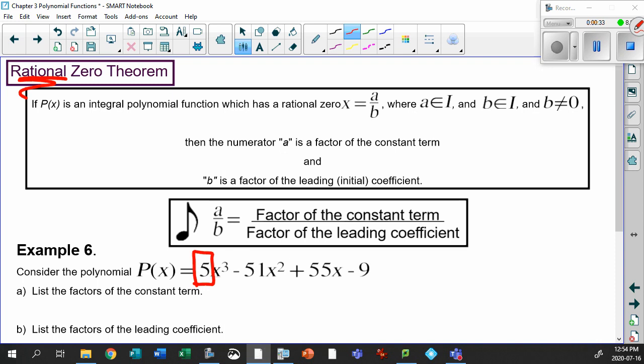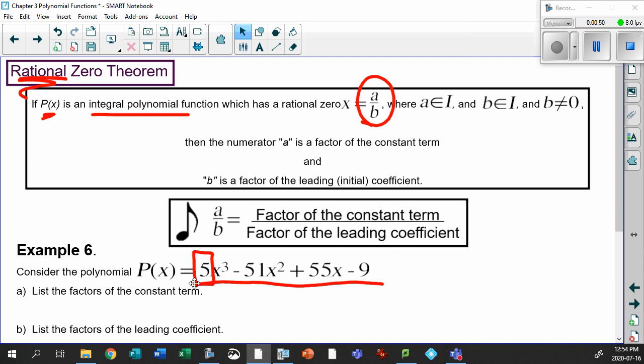Now, wait a second. Watch this. If a polynomial is an integral polynomial, these are all integers, right? Okay? It may have a rational zero of a over b. What's a over b mean? Real simple. Here it is right here. Look, a works out to be all of the factors of the constant term.